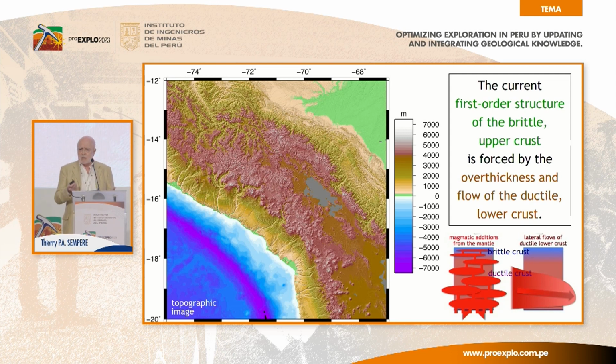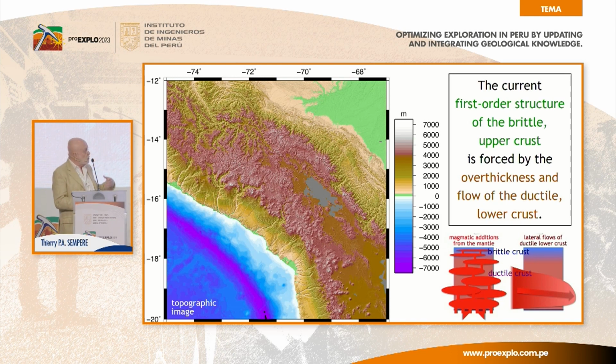So why so many normal faults if everyone says that they are reverse faults? Well, that's a very good question. What happens is that the Andean crust has been thickened, and so far we thought that it could be by compressional tectonics, but there are other methods, by magmatic addition and lateral flows.